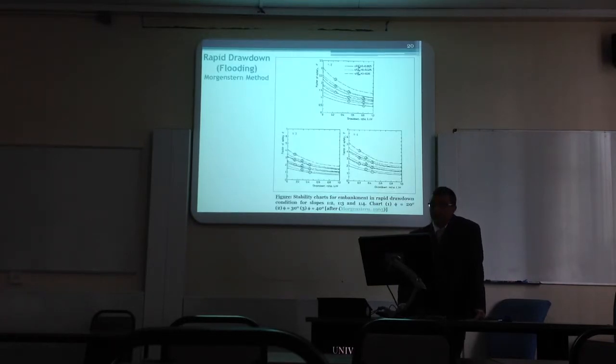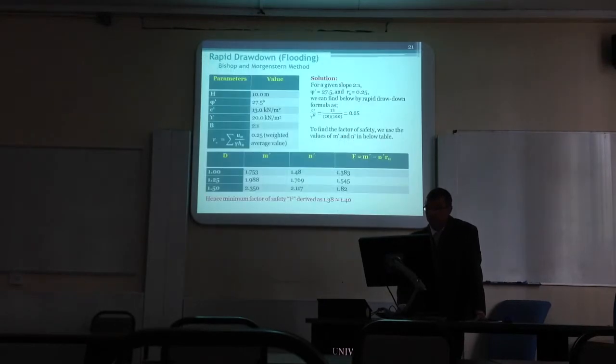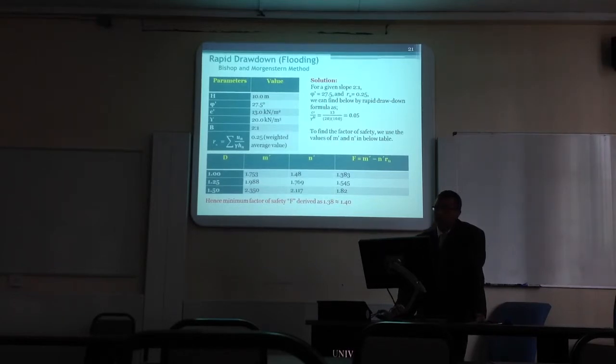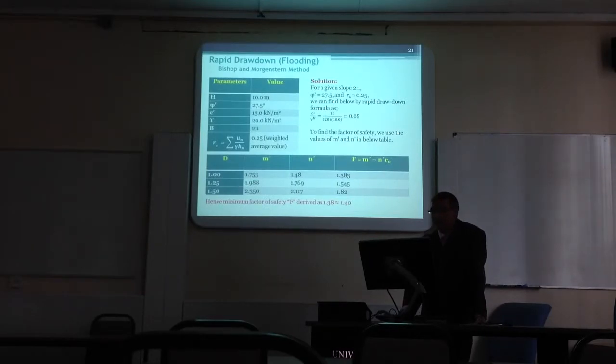For rapid drawdown, the Morgenstern method was used, but here we are going to use the Bishop and Morgenstern method, taking different parameters of height, phi dash, c dash, and gamma. We are using this because the formula for rapid drawdown is much more suitable to get the factor of safety. And we can use the chart, the stability coefficients M and N, to get this factor of safety out of the data.